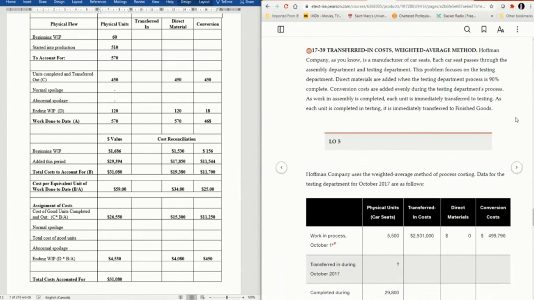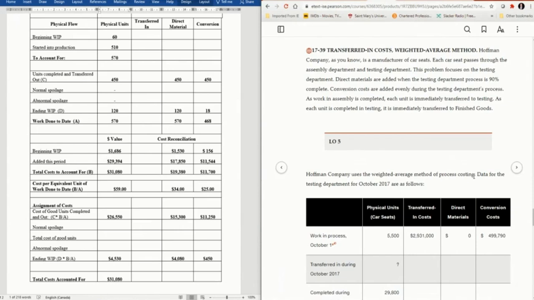Okay, so that's fine. In other words, you're bringing in the mostly complete car seats from assembly. You're doing your tests in your testing department, making sure that they're comfortable or they're bolted together properly.